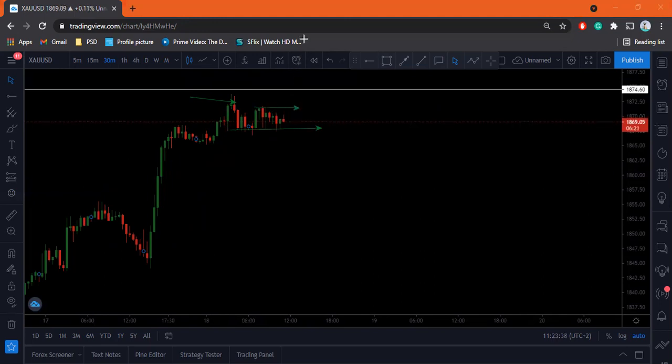So for today, since it's still London session only, we could expect price to reach this low, right? Same thing that happened yesterday, right? And then push price higher to give us, you remember our structure that we always look for.